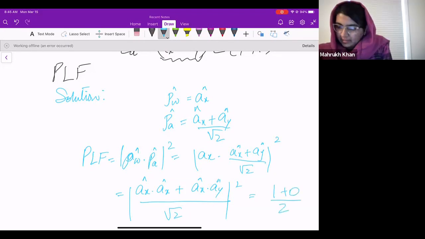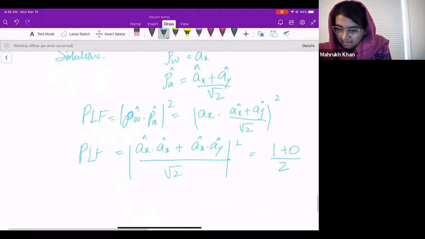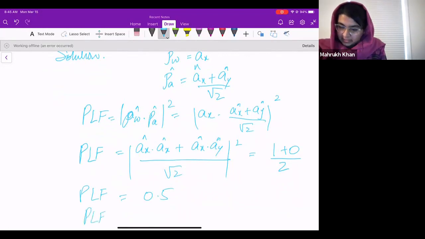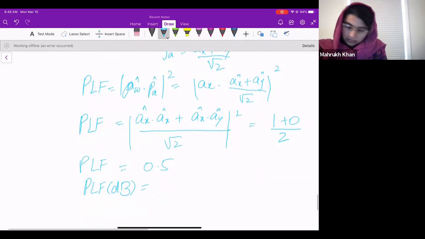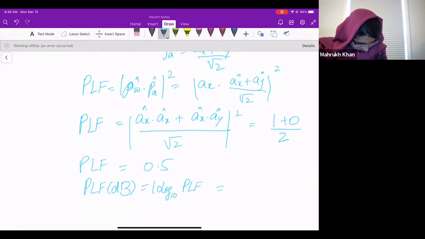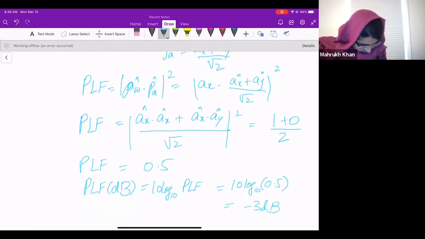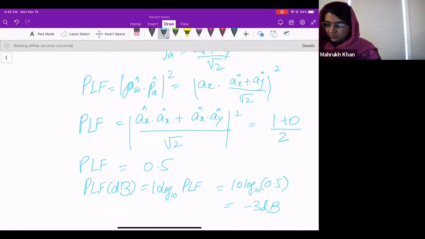Yes. So this will become one half. It means that it received half of the signal and half is not received. So the polarization loss factor is half, and if you are calculating it in dBs, it is about minus 3 dB.